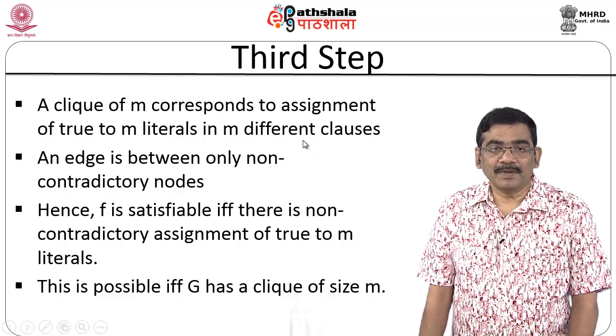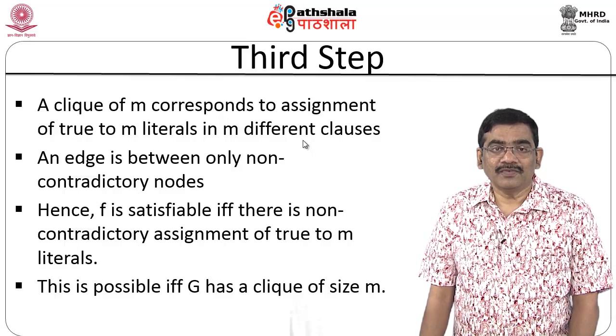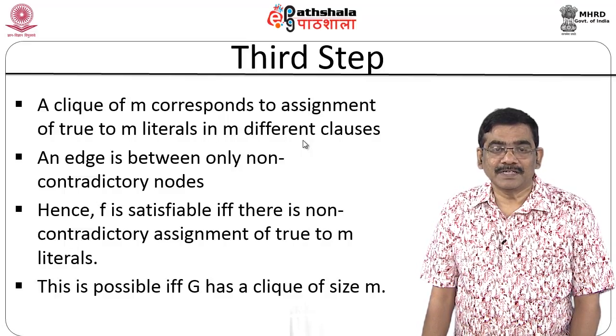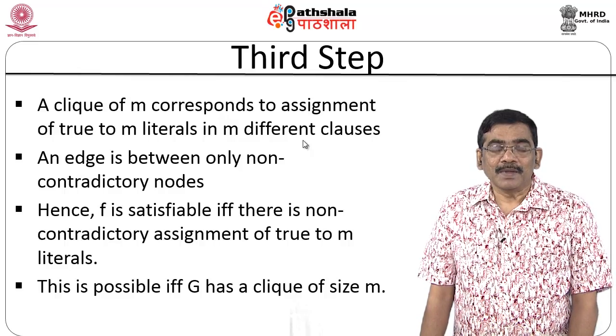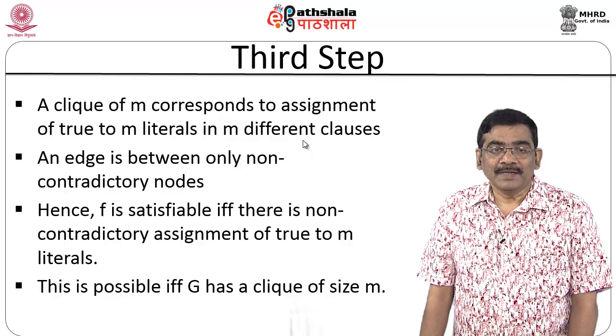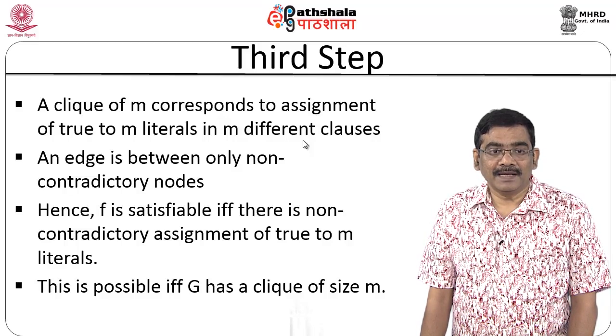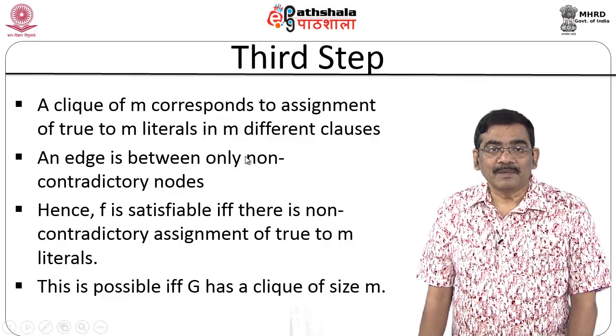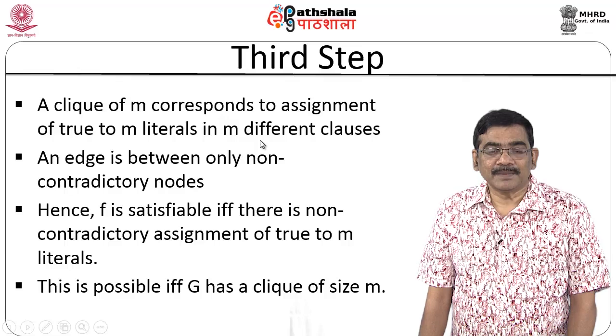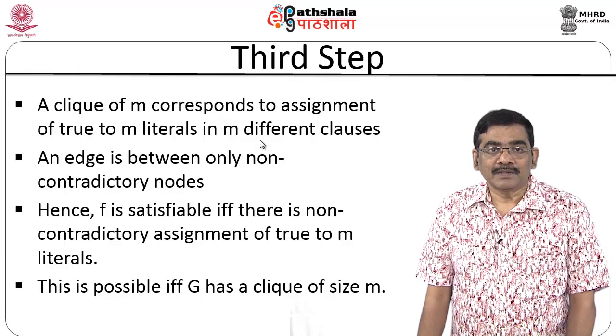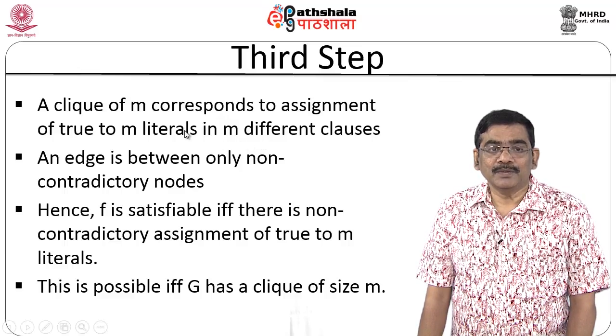Please recollect, the formula is the AND of all the classes C1, C2, C3 etc. If that has to be true, then all the classes C1, C2, C3 etc. should have at least one true literal, and only then will the formula be equal to 1. Since m different classes are there, at least m literals should be assigned true.